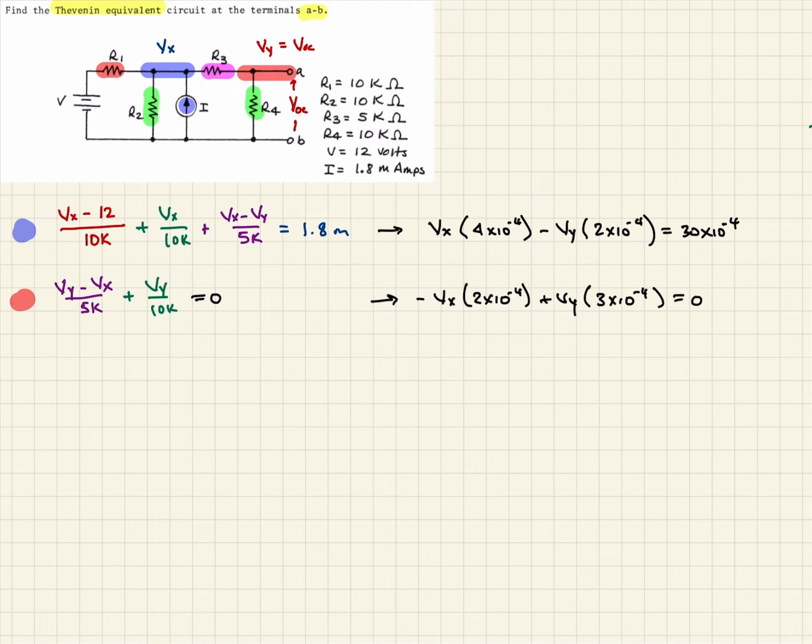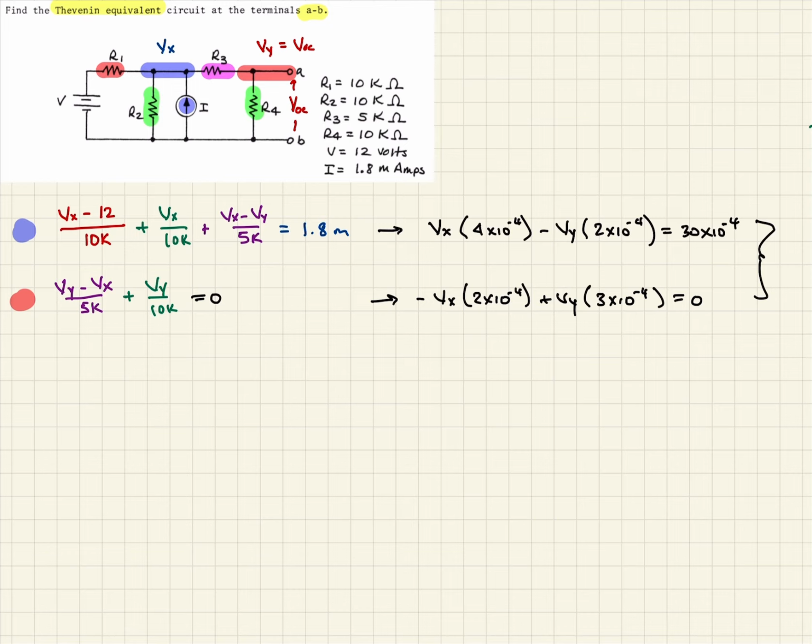So here now we have our two equations and our two unknowns. And so when we solve that, you can do it a number of different ways. You can use linear algebra. You can use variable reduction. Several different types of ways.